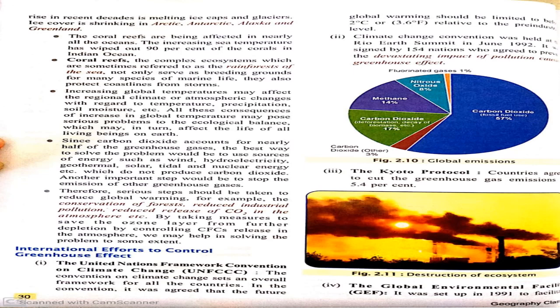The main objective of GEF was to reduce the greenhouse effect on the atmosphere, to protect biological diversity, to protect international waters, and to reduce the depletion of the ozone layer. So the main objectives of GEF are these four: to reduce the greenhouse effect, to reduce ozone layer depletion, to protect the international waters, and to protect biological diversity.